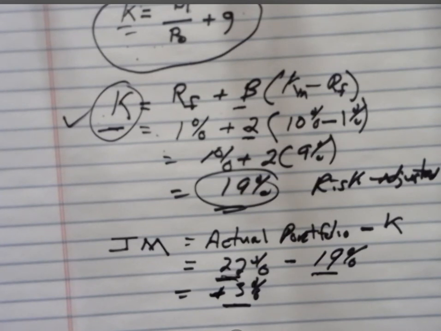So this was just a video I wanted to go over, to explain more fully what we mean by the Jensen measure and what we mean by the risk-adjusted rate of return. Also, there are two ways to measure risk: dividends divided by price plus G, or the risk-adjusted measure.